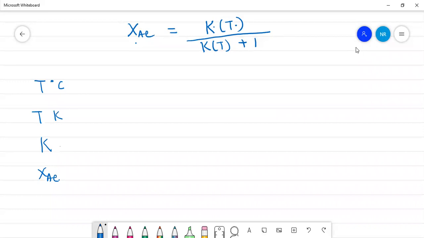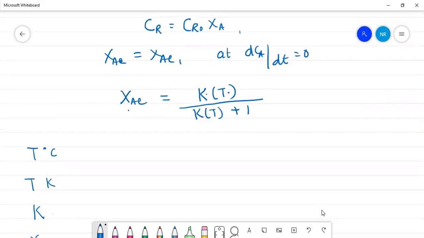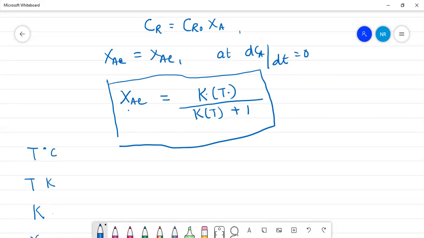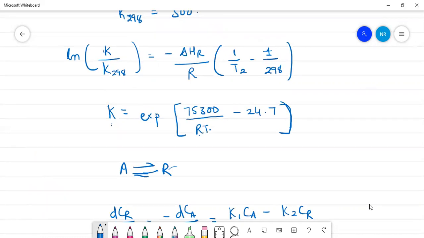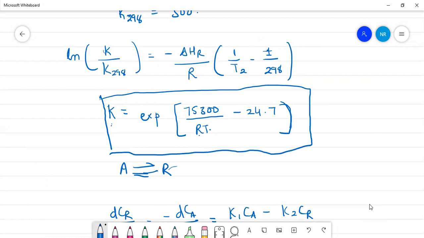So now we use both equations to generate an equilibrium conversion graph, to find the equilibrium conversion. Okay, so let me use Excel, and using Excel we can generate the equilibrium conversion versus temperature graph.